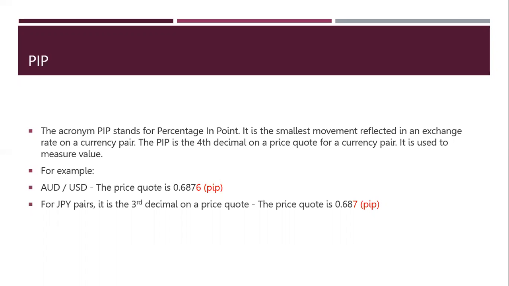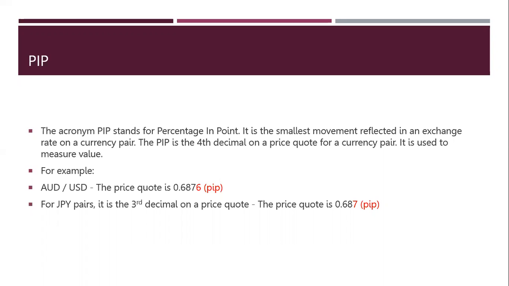With pips, if your pips are in the positive, that means you're making money, but if it's in the negative, that means you're losing money. The acronym PIP stands for percentage in point. It is the smallest movement reflected in an exchange rate on a currency pair.